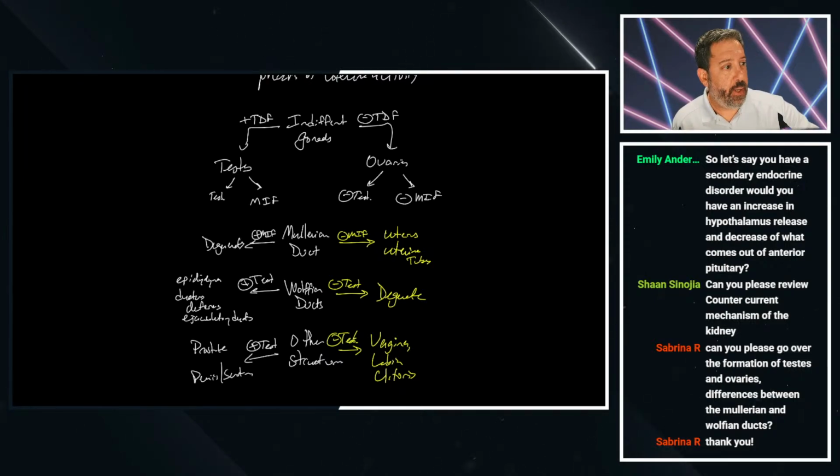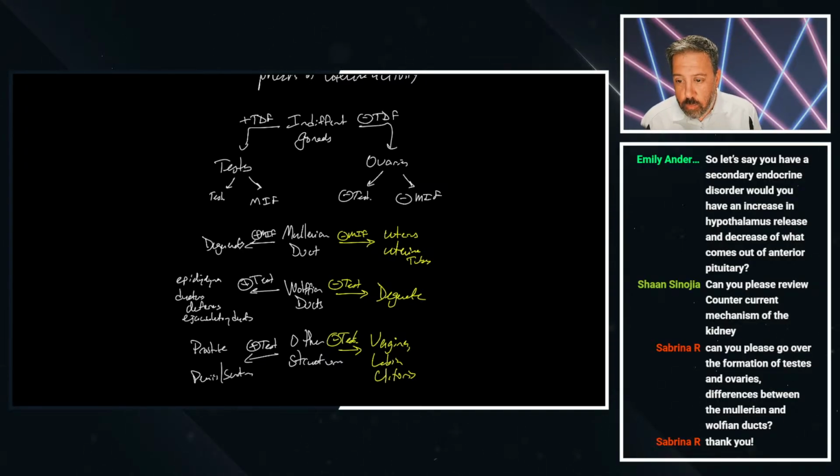Okay, we are caught up again. It's not a lot of hard material on this one. It's just a lot of material that you have to know with all these hormones, get them straight.